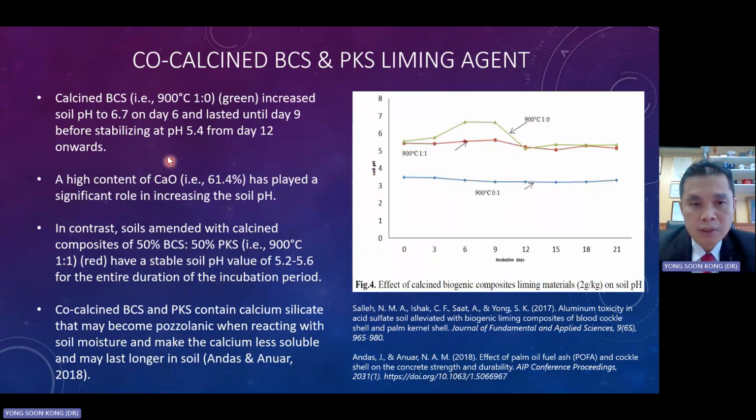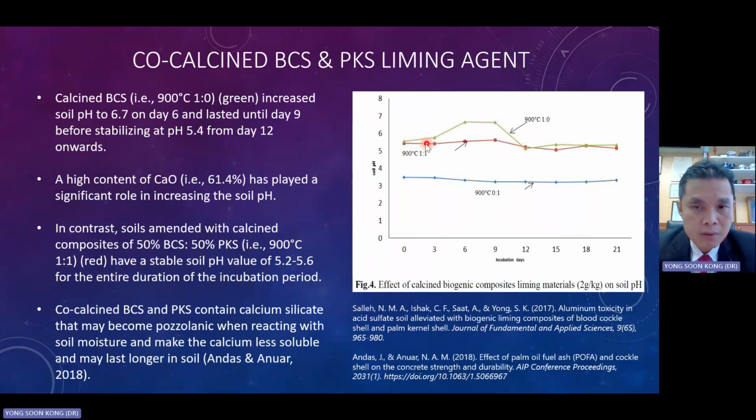Now, I want to bring your attention to this graph right here, the green curve. The green curve represents calcined blood cockle shell. Most likely, the chemical composition inside there is primarily calcium oxide, the product of calcination. Once it is applied into soil, it immediately increases the soil pH, but then crashes down to its baseline.